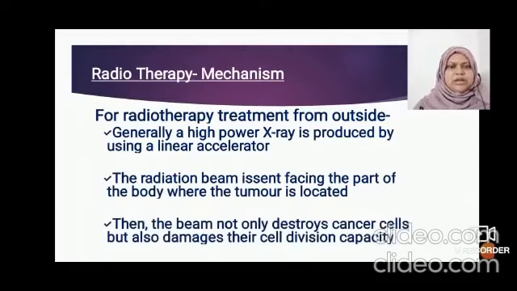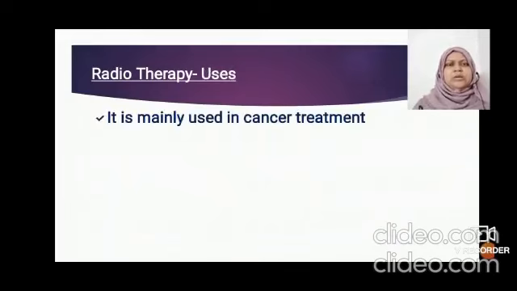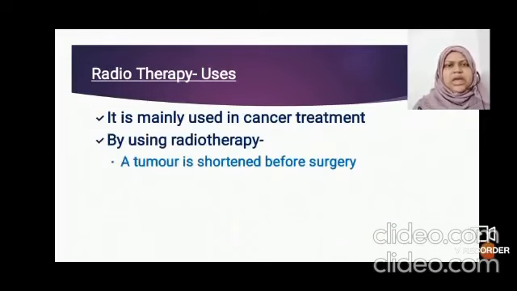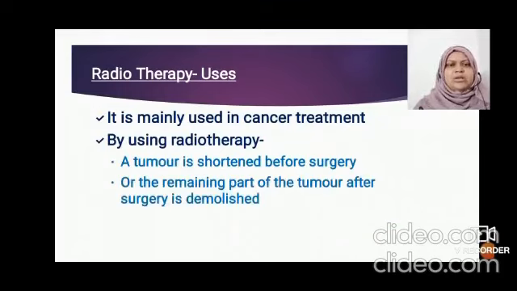Then the beam not only destroys cancer cells but also damages their cell division capacity. Now, uses of radiotherapy. It is mainly used in cancer treatment. By using radiotherapy, a tumor is shortened before surgery, or the remaining part of the tumor after surgery is demolished.